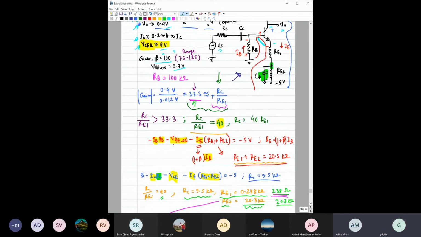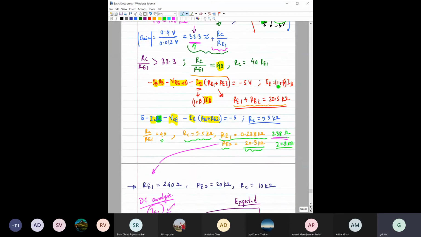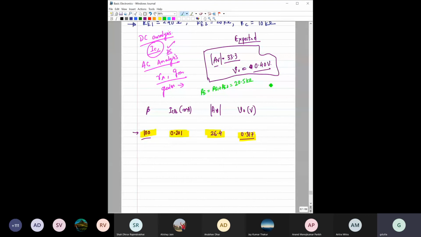Should we take only RE1 or also consider RE2? Only RE1, because we are only doing AC analysis. Yes, only RE1, because we are considering the gain, and during gain this RE2 is actually shorted. So it's only the RE1 that will influence. Very good.